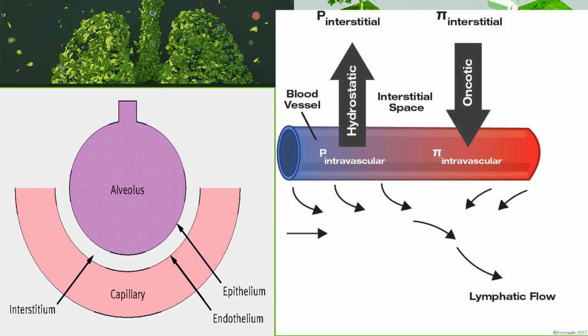We have to discuss some important terms related to image manifestation of pulmonary edema. Each alveolus is accompanied by capillary networks. Between the capillaries and alveolus, there is a space called interstitium.